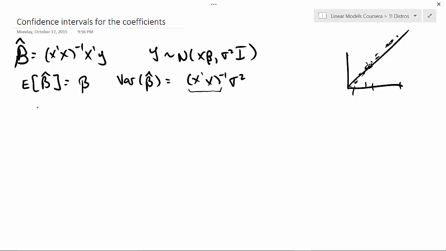The other point I'd like to make is that the covariance of beta hat and E is 0.